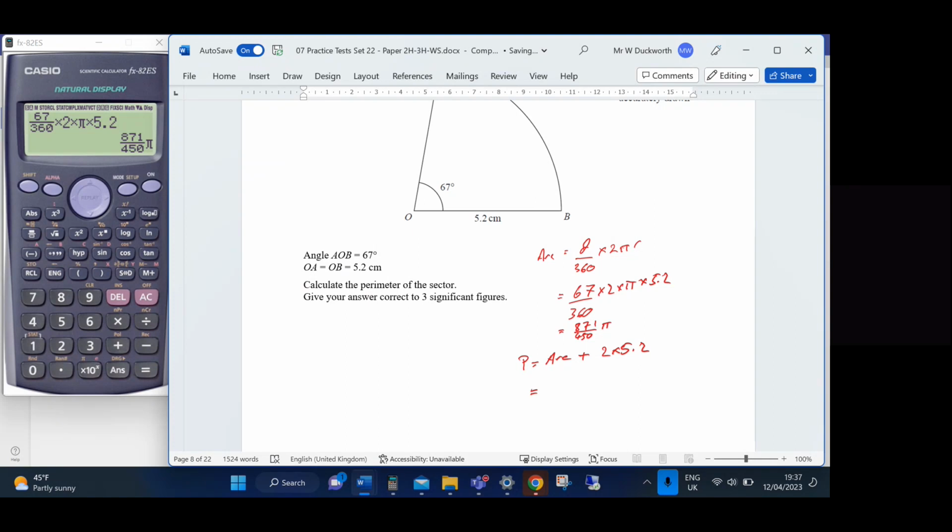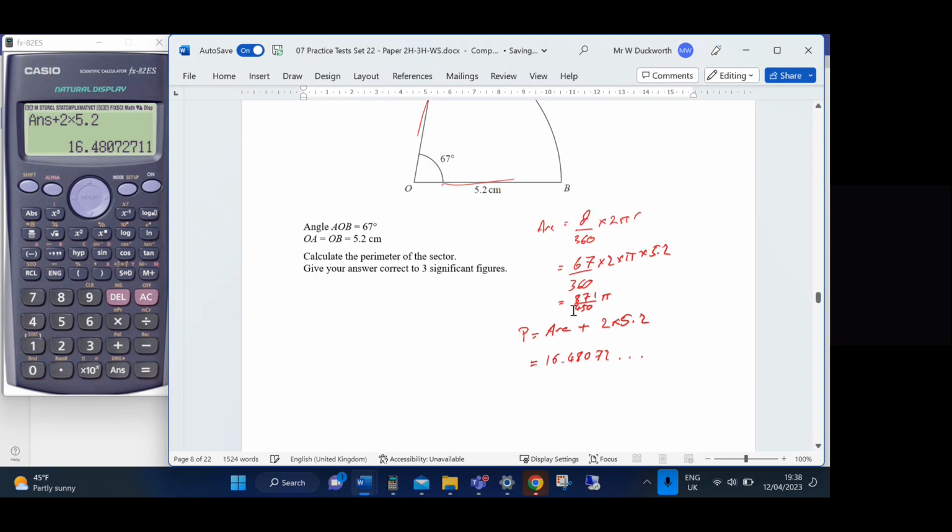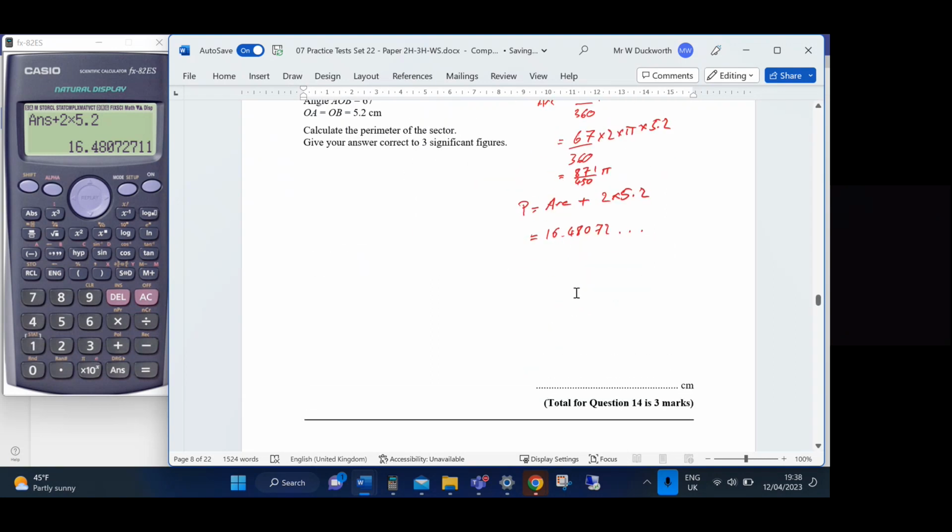And then from there, I'm going to add on 2 lots of 5.2, which would be this line and this line. And that gives me 16.48072 dot dot dot. So that would be my exact value, and then to 3 significant figures, that's going to be 16.5.